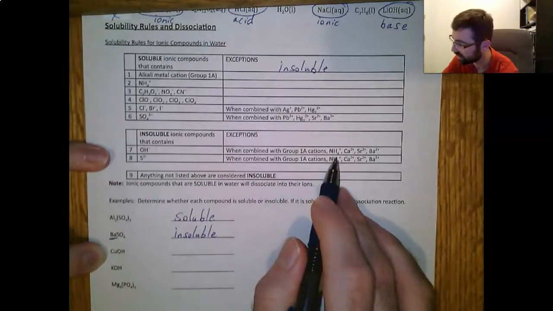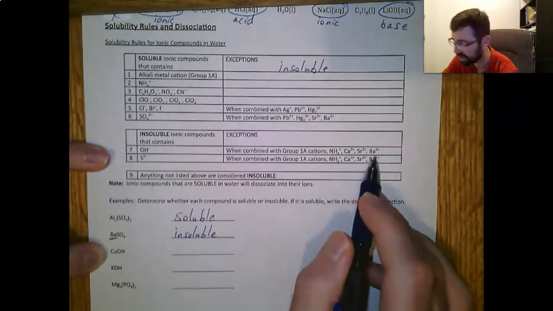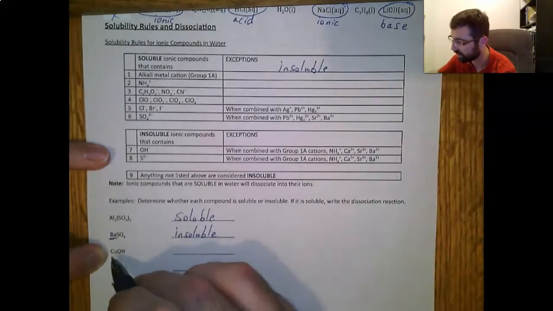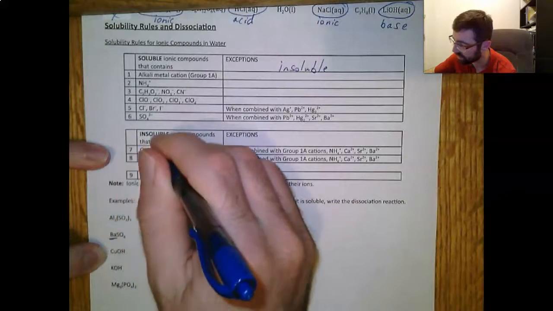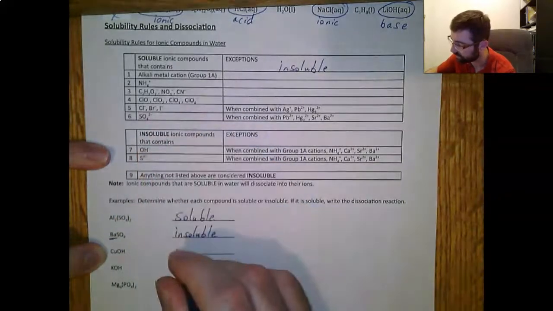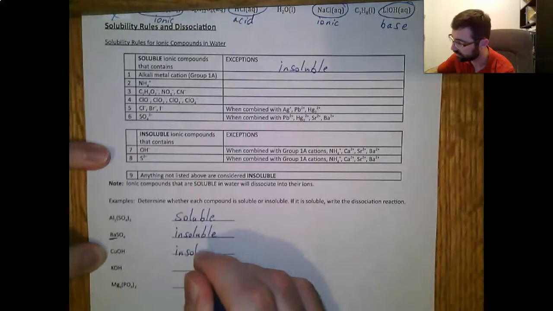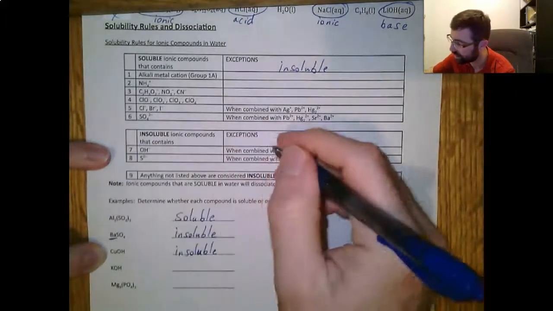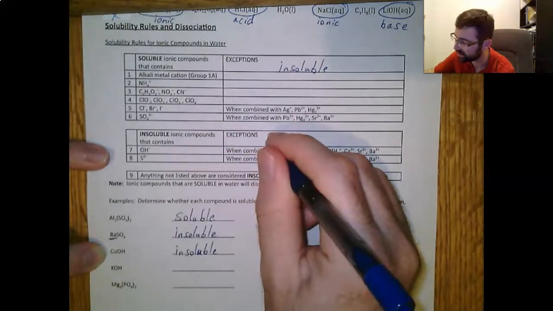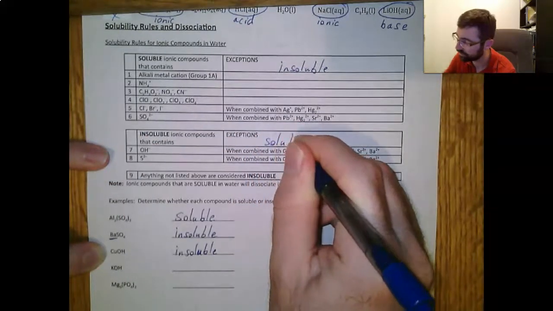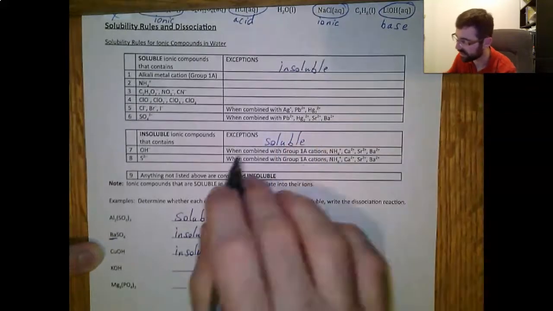No. Calcium? No. Strontium? Barium? No. Okay, copper 1 hydroxide is a hydroxide that's insoluble. By the way, our exceptions down here would make it the opposite. It'd be soluble if it was over in the exception column.